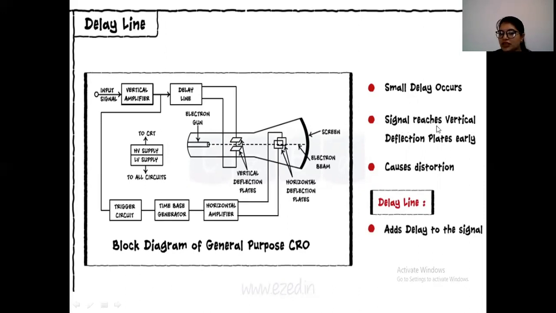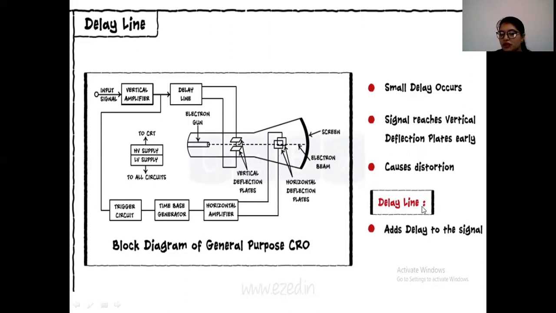So signal reaches vertical deflection plates early because of the small path. So a small delay we add over here. If this delay is not added, then there will be a problem of synchronization. And if there is a problem of synchronization, then there will be chances of distortion.